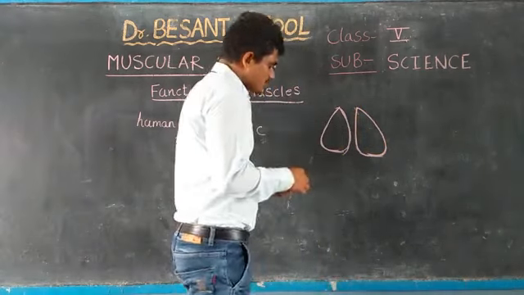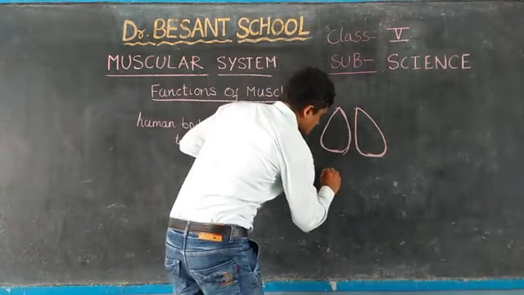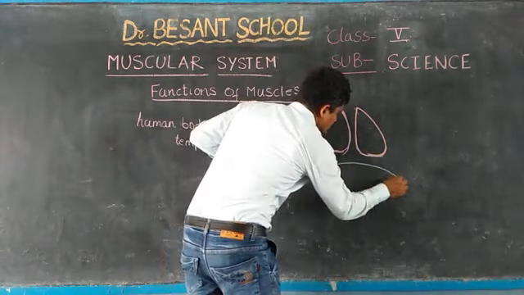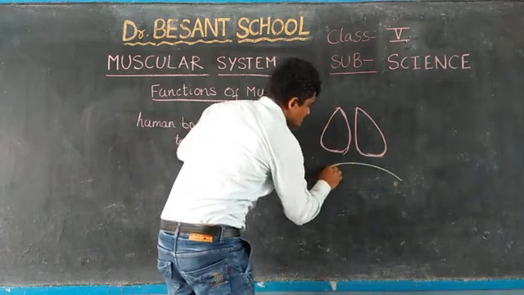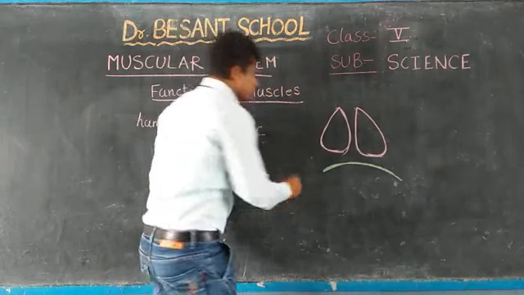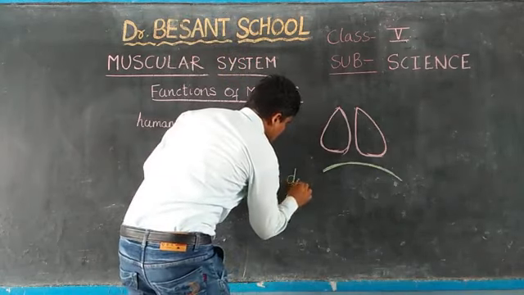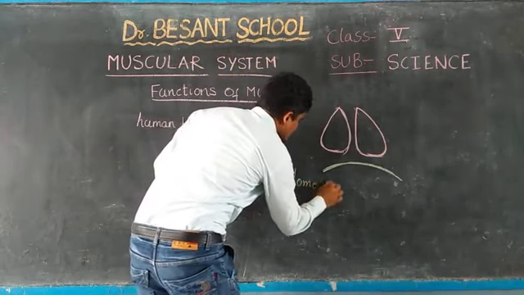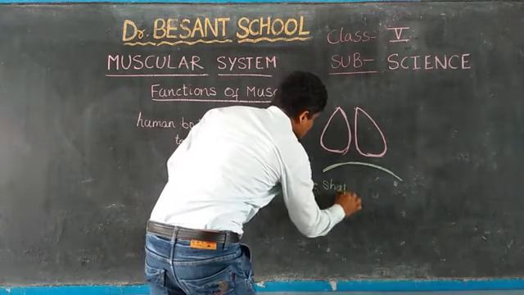Below the lungs, one muscular, dome-shaped structure is present.